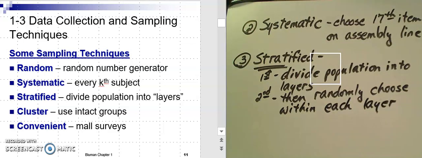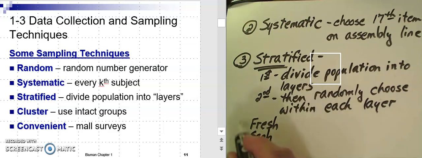For example, I used to work with the Student Government Association, and they would have people that were sent as representatives from homerooms, and the seniors started complaining because there were not as many senior homerooms as there were freshman, sophomore, and junior homerooms. So in order to make an equal representation between the classes, what we did first was we divided the population into freshmen, sophomores, juniors, and seniors. Okay, so that was the layers.